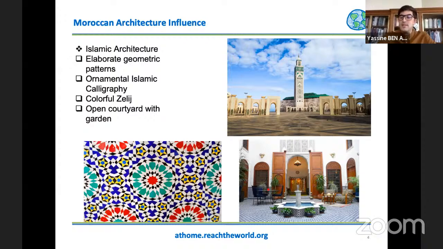This mosque is considered the second largest mosque after the mosque in Mecca in Saudi Arabia. A lot of tourists come here, they enjoy the architecture, design, and calligraphy. You find it inside the mosque written with colorful things, just fascinating.